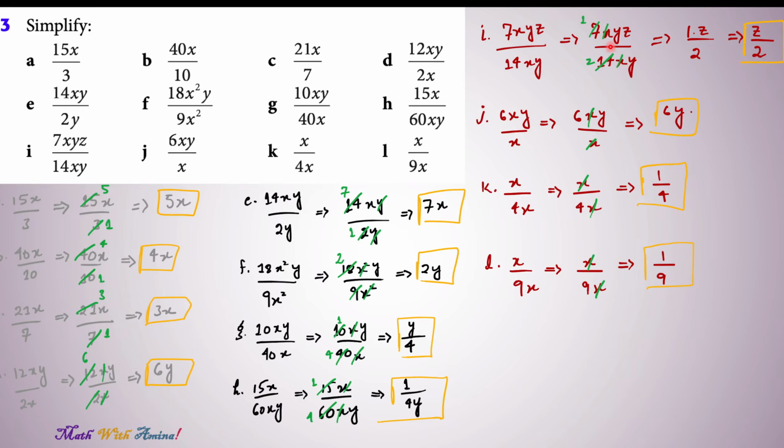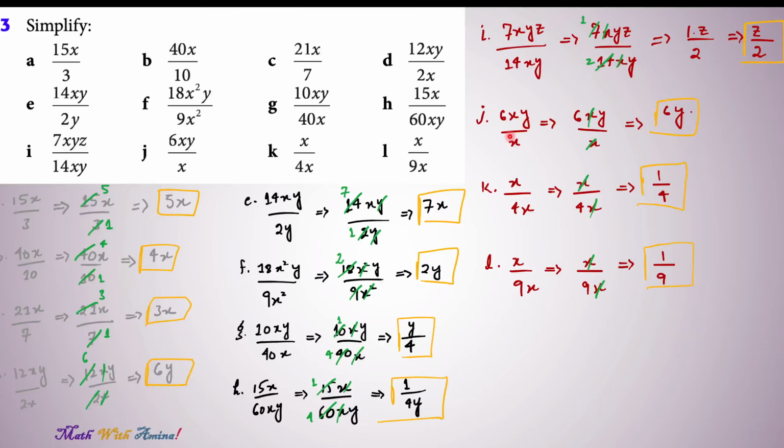This also gets cancelled, and we are left with z. So in the numerator we are left with z, and in the denominator we are left with 2. This way we will get z over 2 as a simplified answer for this fraction.